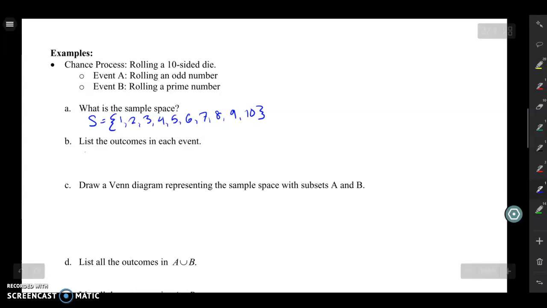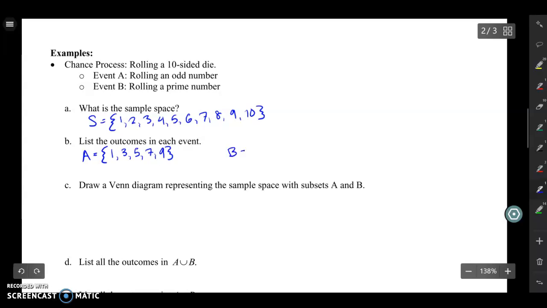If I'm just looking at A, what would I have to roll in order for me to say, yep, event A happened? Well, I would have to roll an odd number. So I'd have to roll a 1, a 3, a 5, a 7, or a 9. What I'm doing here is looking at my sample space and picking out the pieces that match the event A. I'm picking out all of the odd numbers.